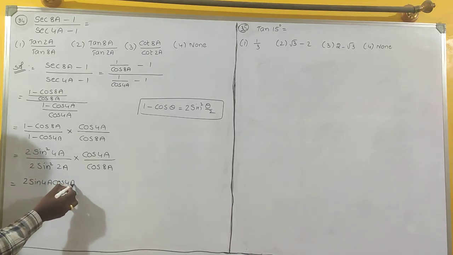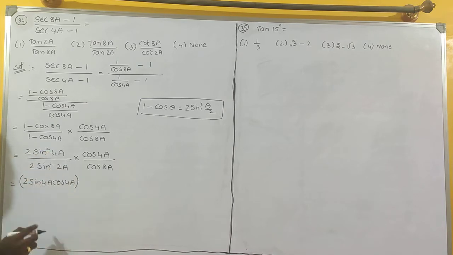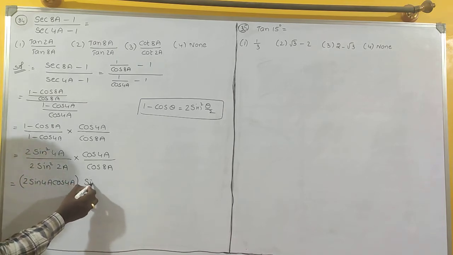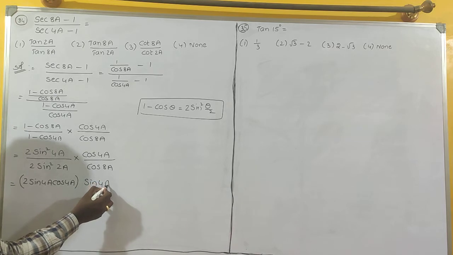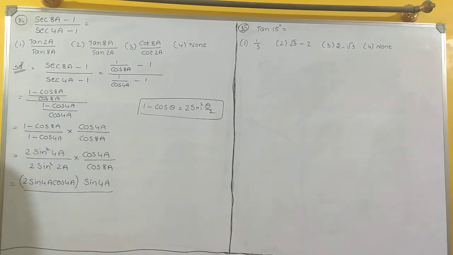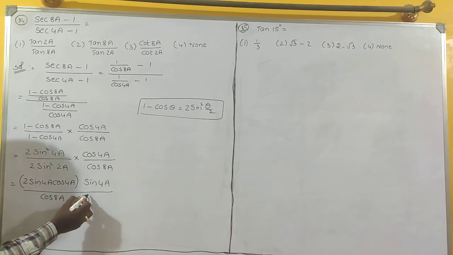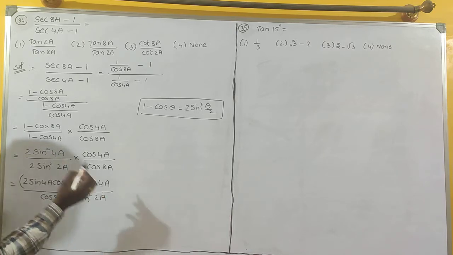I am writing separately: here sin square, one sin we already wrote, that's why one more sin is remaining, by the denominator. In the denominator I am writing cos 8a first, into 2 sin square 2a.